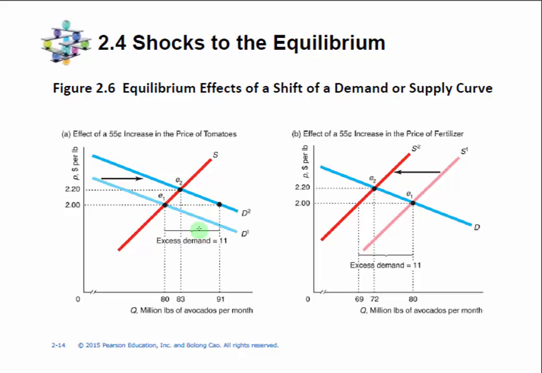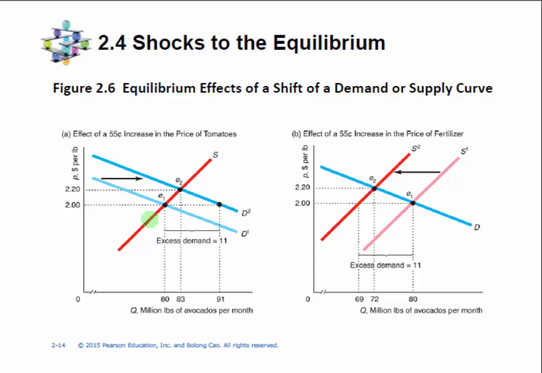Now let's look at the so-called shocks to the equilibrium. Basically, what we have is a change in the demand, or say a shift of the whole demand curve, or a change in supply, the shift in the whole supply curve. Here, if the demand increases, that will basically drive up the price and the quantity at the same time, assuming the supply stays the same, right?